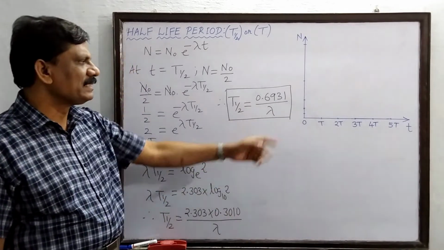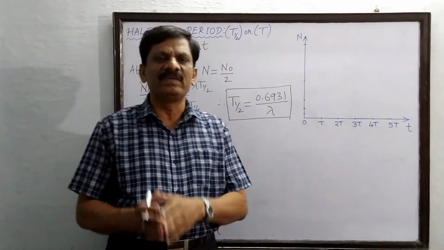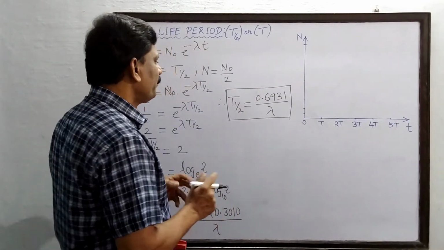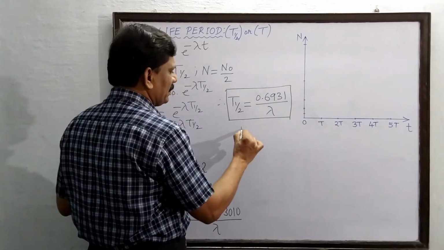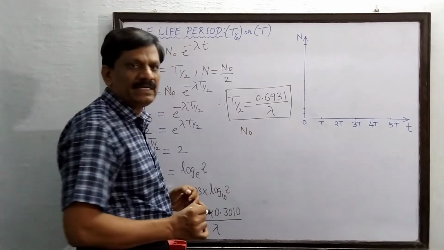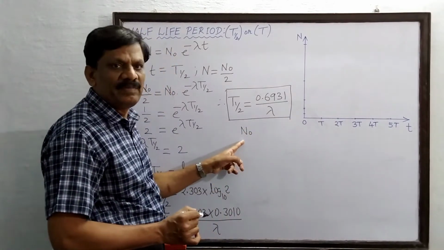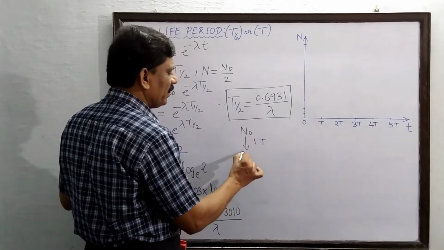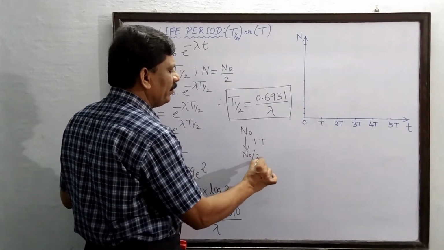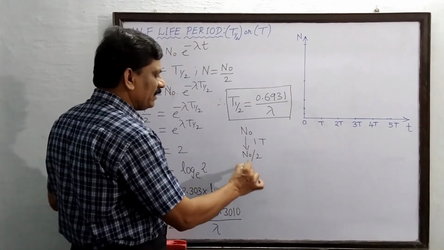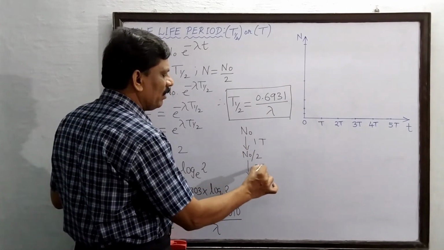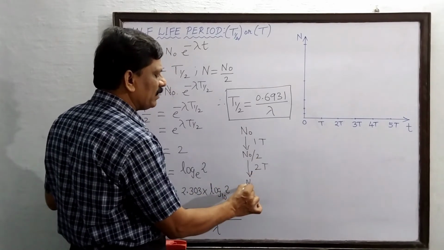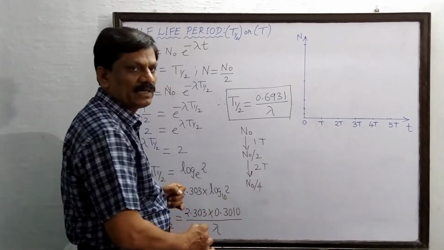Now I am going to represent the number of atoms remaining after each half-life. Okay students? If you take a fresh sample, the initial number of atoms will be N0. Then after one half-life, N0 by 2 only will be remaining. Then after another half-life, that is after two half-lives, 50% of N0 by 2 is remaining, so it will become N0 by 4.